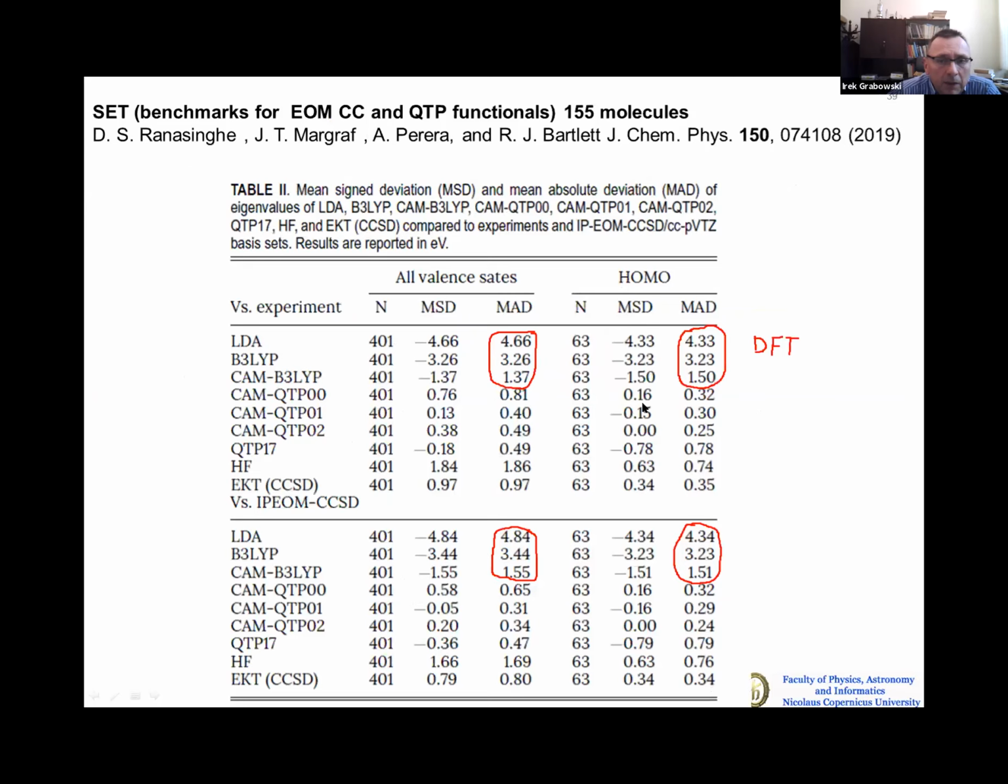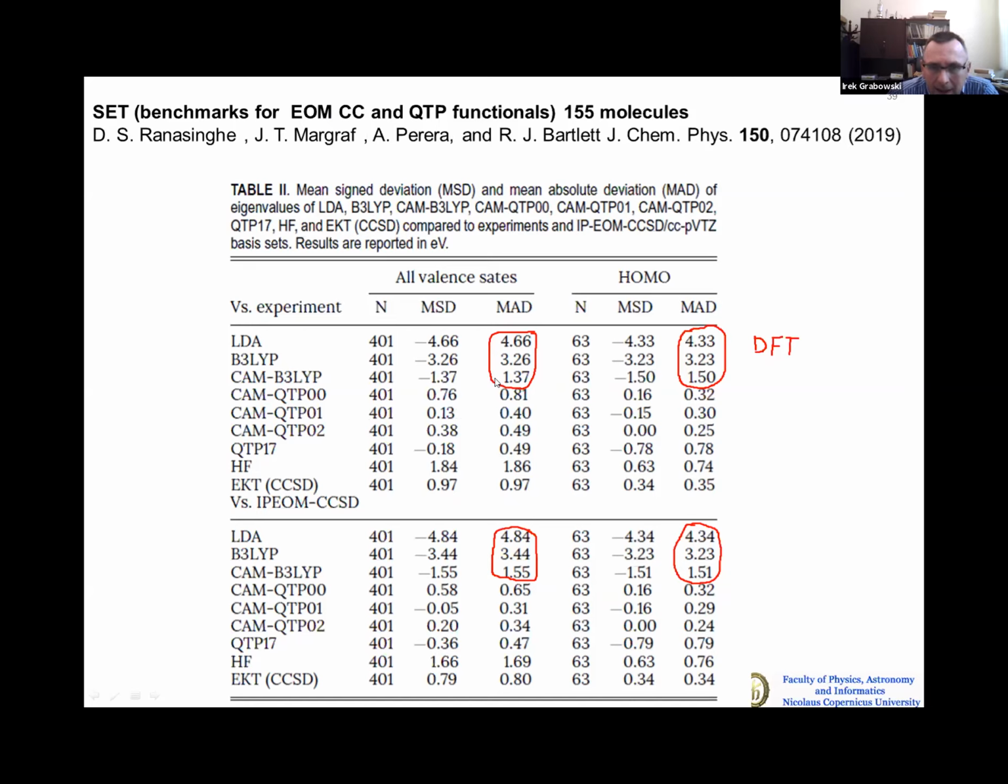This I can skip. And the next benchmark, we use the benchmark provided by Bartlett, and it was introduced by Bartlett to check his CAM-QTP functionals, DFT functionals, which were developed especially to reproduce ionization potentials.